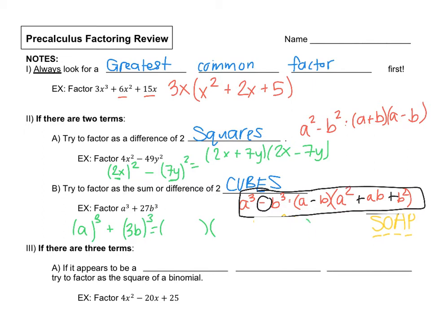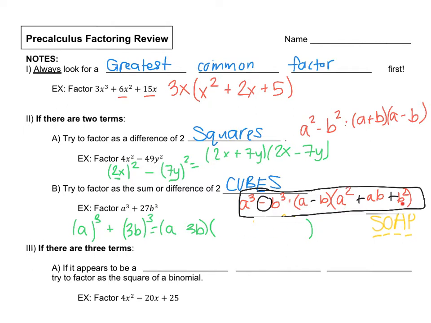And then let's go back to the pattern. So the first two here, I just need to identify what is the a and b, and I'm going to write those in. So the a is just a, and the second thing being cubed is 3b. So that's my first two. So a here and 3b here, my two values being cubed. Then on to this trinomial, which is three terms.